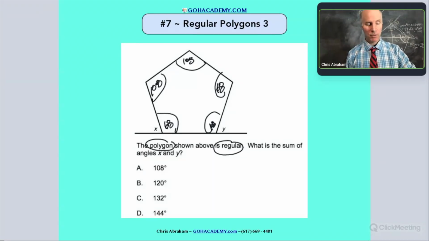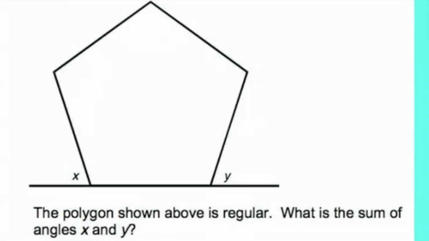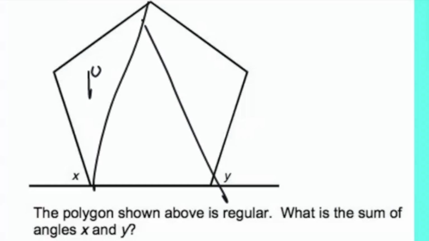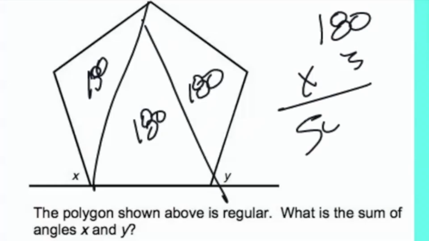But if you didn't memorize that, well, I suppose we could take the shape and divide this into 3 triangles. Each one is 180 degrees, right? So the sum of the interior angles of this pentagon would be 180 plus 180 plus 180, or 180 times 3, which is 540.